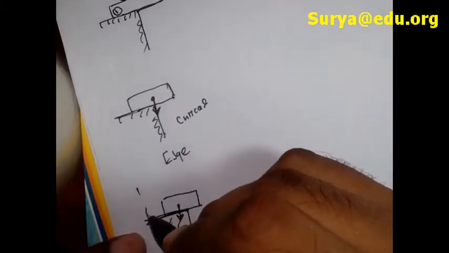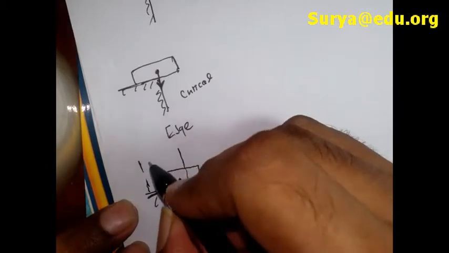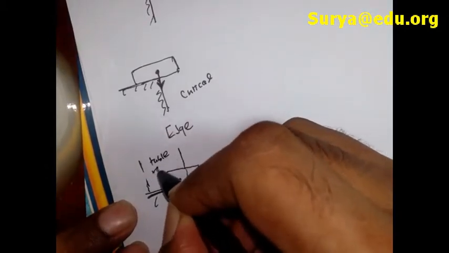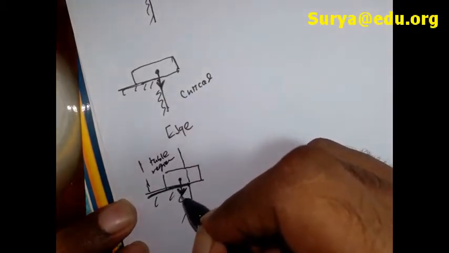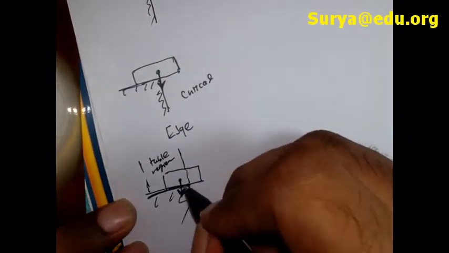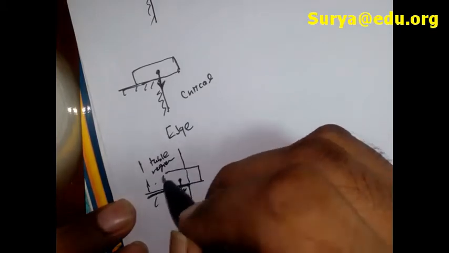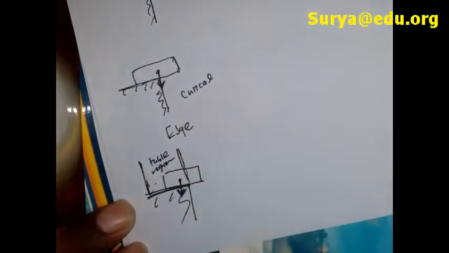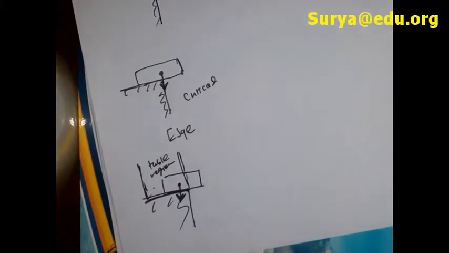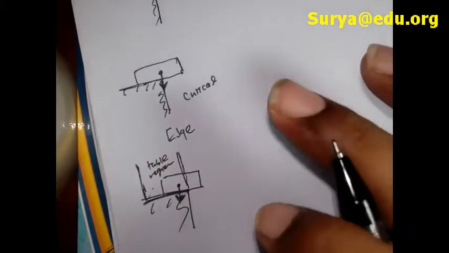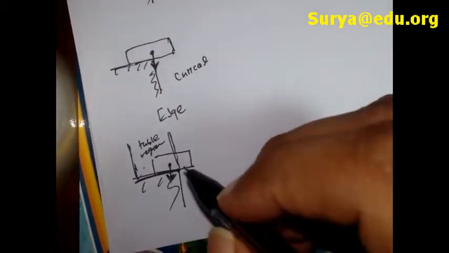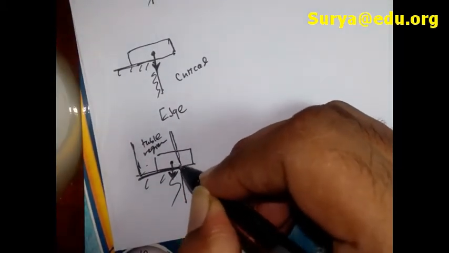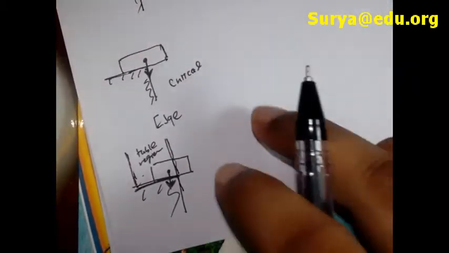I will hatch it like that. So this is the table region and this is the center of gravity. Definitely, to not fall down, this center of gravity should lie within the table region. In this problem we are going to find the minimum condition, so at least this center of gravity should lie towards the edge for the minimum condition.